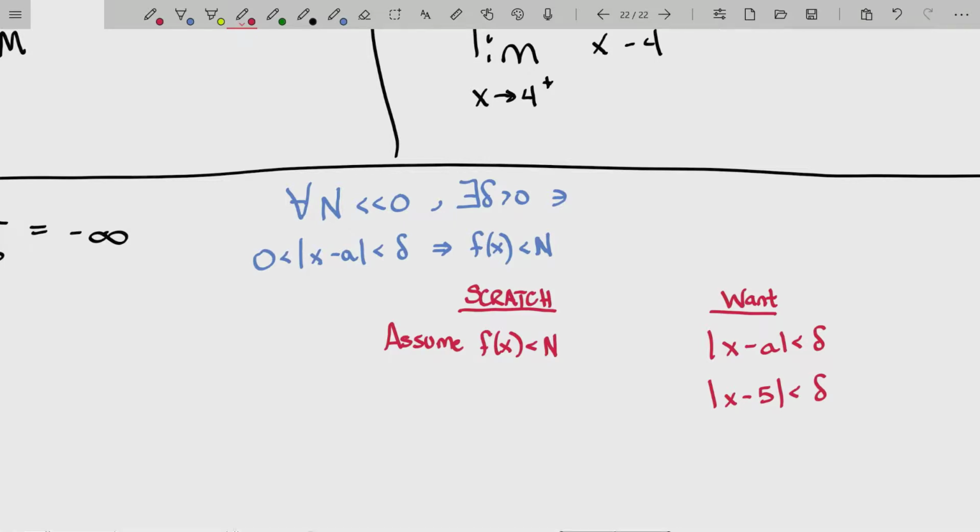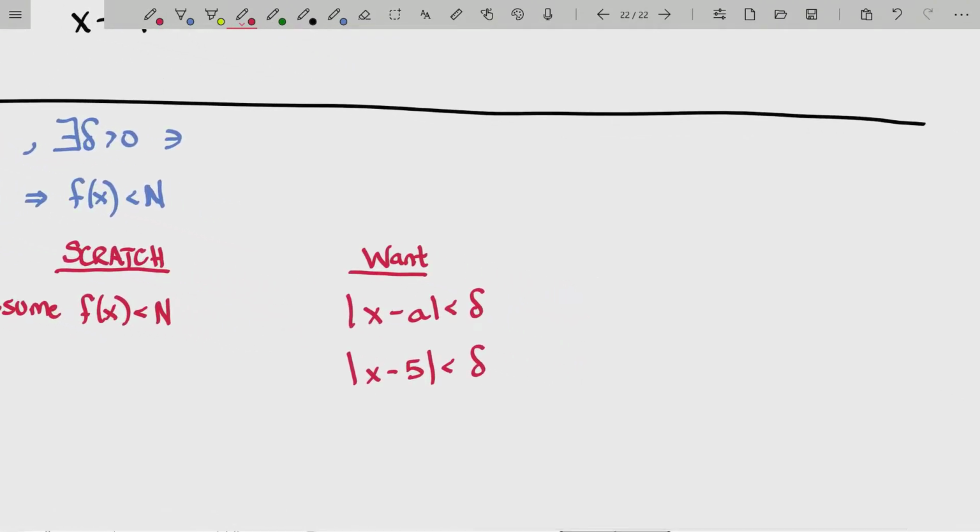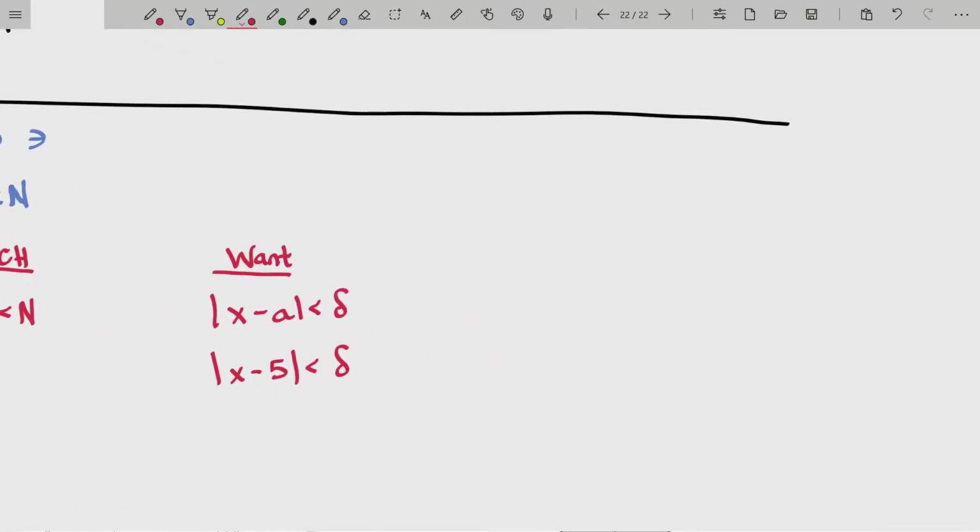Now the caveat with one-sided limits that you have to be somewhat careful of is you have to remember the true definition of the absolute value. For those who are not in my class, people on YouTube, you may not have seen my version of the absolute value. It's the true version, but it's incredibly important that you know it for calculus.